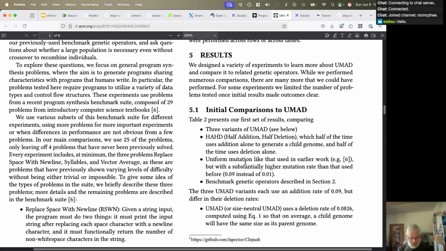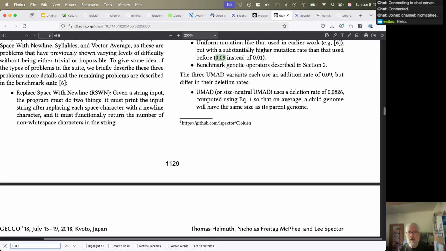That's an interesting question. What if I search 0.09?